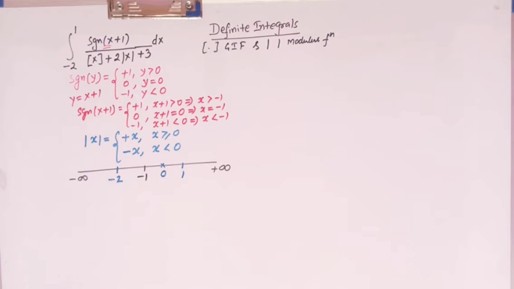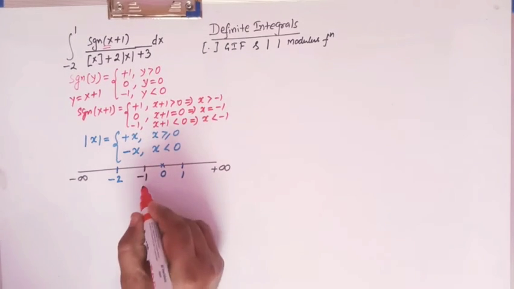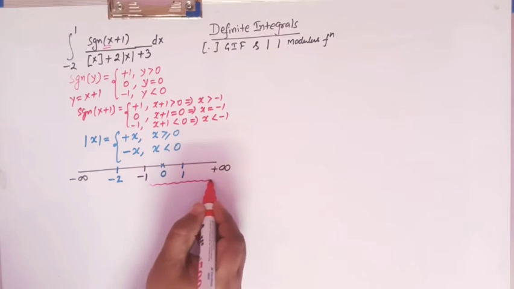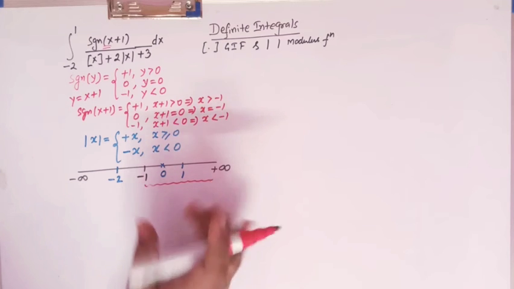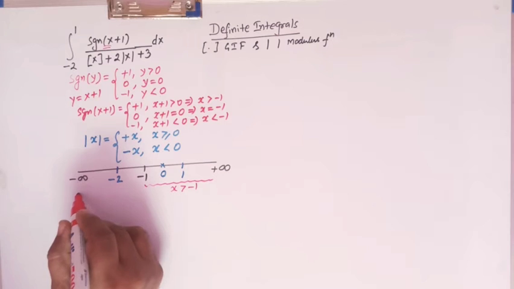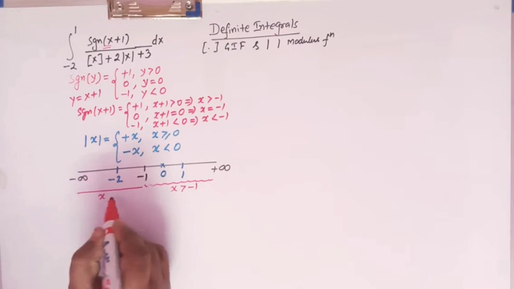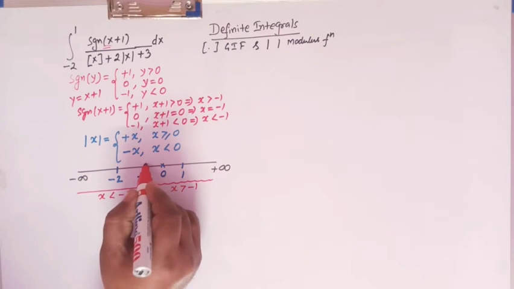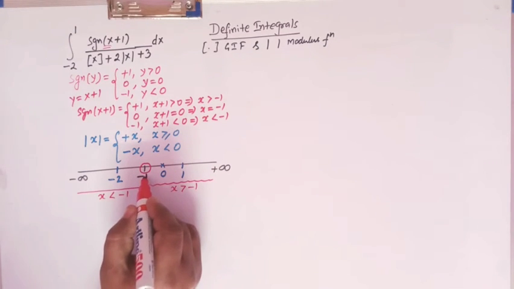So this is the part of the real number line where x is greater than -1, and this is the part where x is less than -1, and the breaking point, or the point where we have to break the limit, is -1.